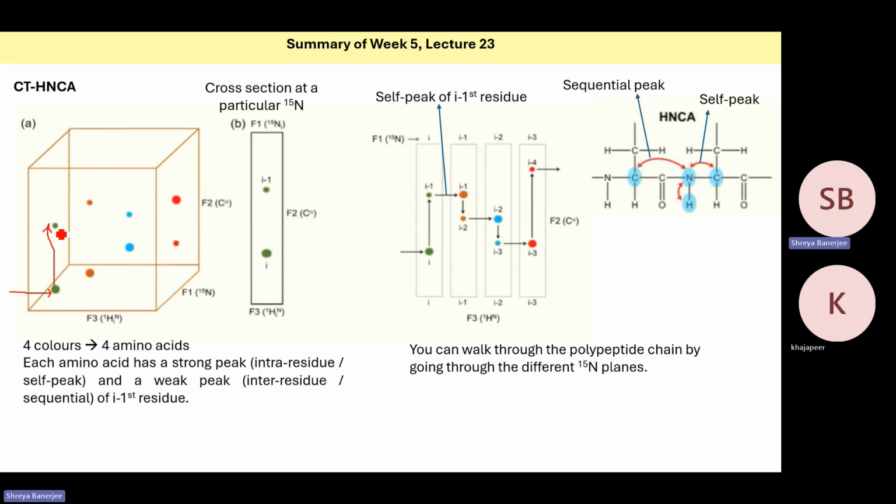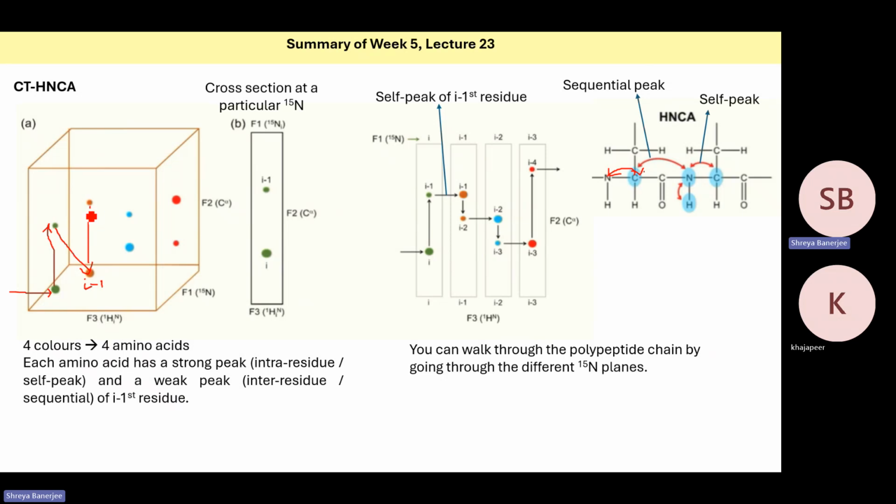Then if we go here, this will be the self peak. So from C alpha, it is supposed to go to NH. So this peak is the self peak of the I minus first residue. This is the I minus first residue. It is the self peak.